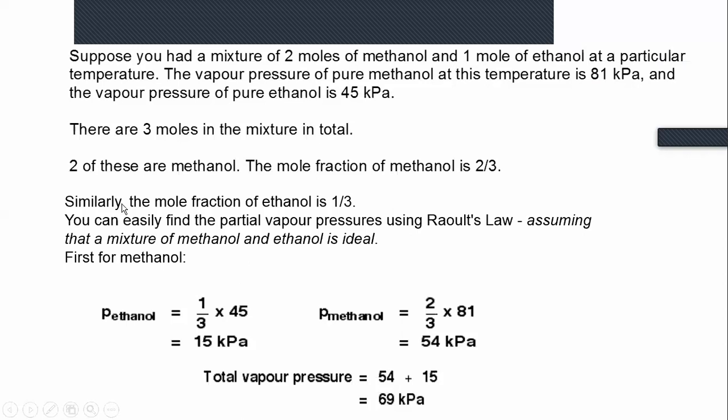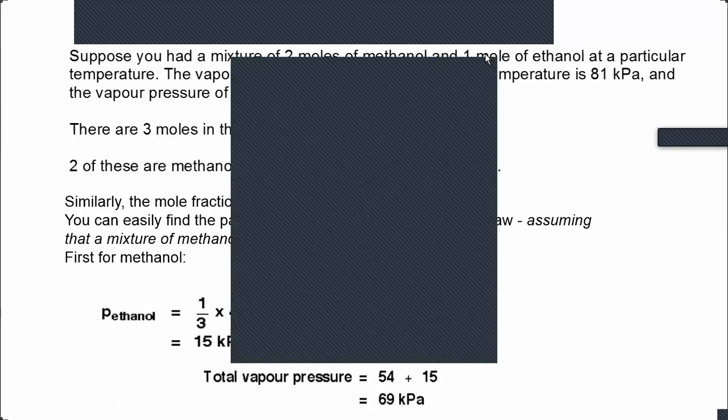But we need to calculate the mole fraction for each of them. Let's start with ethanol, which is 1 mole. That means the mole fraction for ethanol is 1 over 3. But remember that we've already said that the vapor pressure of a component in the mixture is the mole fraction multiplied by the vapor pressure of the pure component.